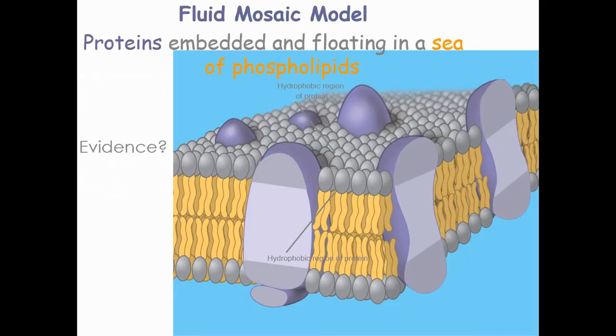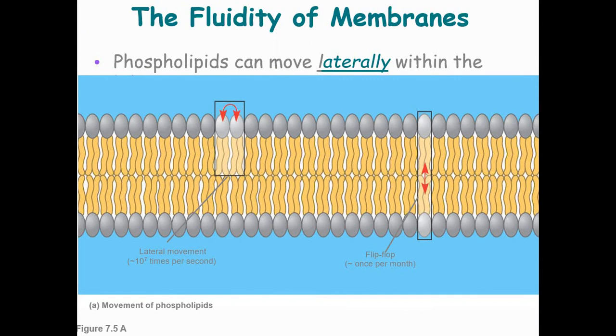So again, for the fluid mosaic model, we have proteins embedded and floating in a sea of phospholipids. These are the proteins. The cell membrane is actually fluid in nature. So phospholipids can move laterally within that cell membrane. This is the lateral movement, and this happens approximately 10 to the 7 times per second. So imagine how fluid that is.